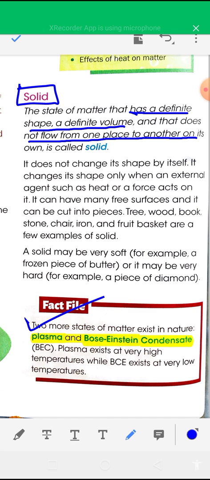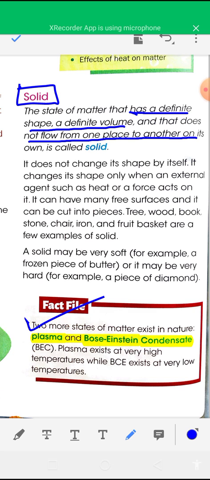and it does not change its shape by itself. It changes its shape only when an external agent such as heat or force acts on it. Without the help of an external force or external heat, a solid body cannot change its shape.